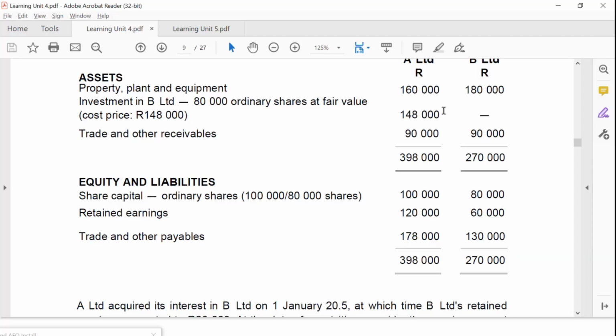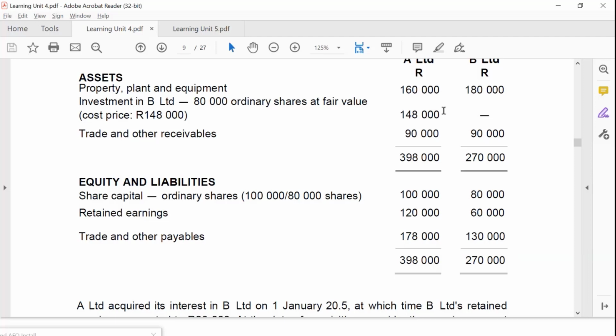148,000. And why? The parent company has gone to buy an investment, or they've gone to buy shares in a company, which is an investment. Whenever you buy anything in accounting, you debit the asset that you bought, and you credit bank because you bought it with cash, right? So if I buy a book, it's debit book, credit bank.